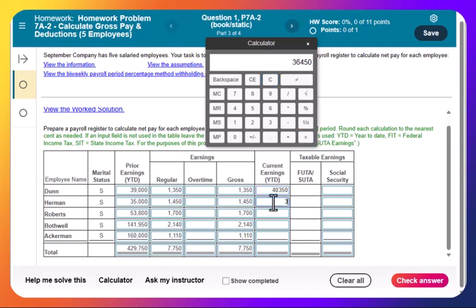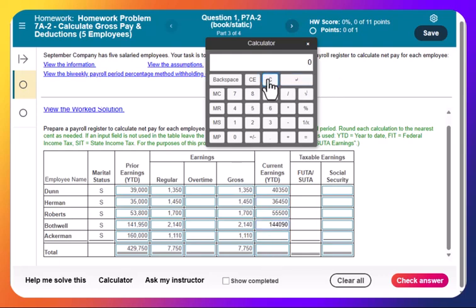equals 36,450. And next, make sure we clear out each time here. We will get 53,800 for Roberts plus the 1,700 gross equals 55,500. Click in the cell, enter. And then we have Bothwell, so that's 141,950 plus 2,140 for 144,090.